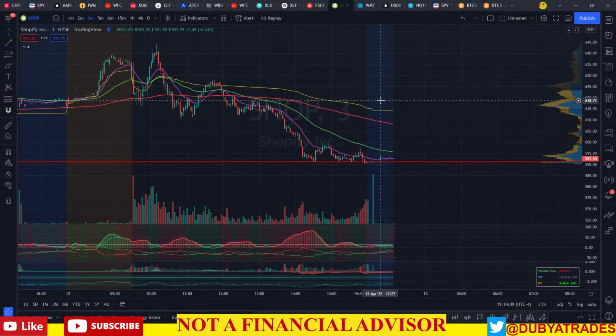I mean, you are pulled a little bit on Shopify away from the VWAP, and we might see a return back up here. But still, even in this situation, I just don't see any reason right now for it to continue up.